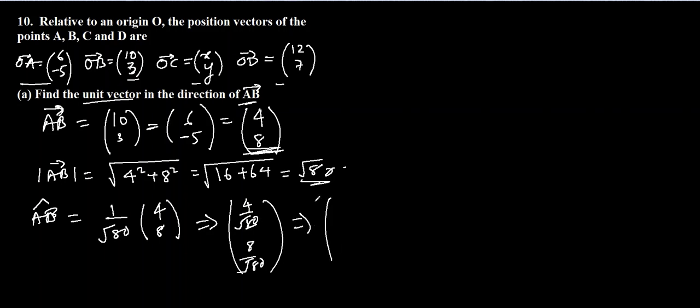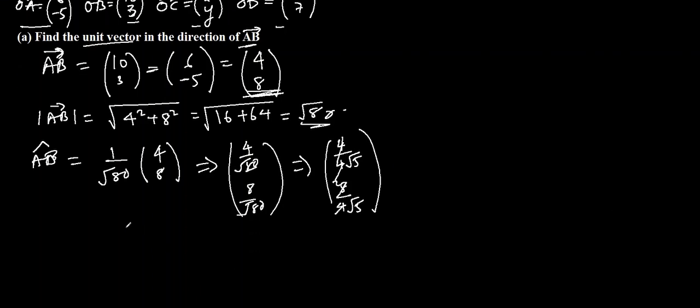So it will be 4 over 4 square root 5, 8 over 4 square root 5. 4 and 4 cancel, 4 and 8 cancel, and we don't keep the denominator in surd form, so we have to rationalize that. So the answer will be square root 5 over 5 and 2 square root 5 over 5. That will be the final answer.